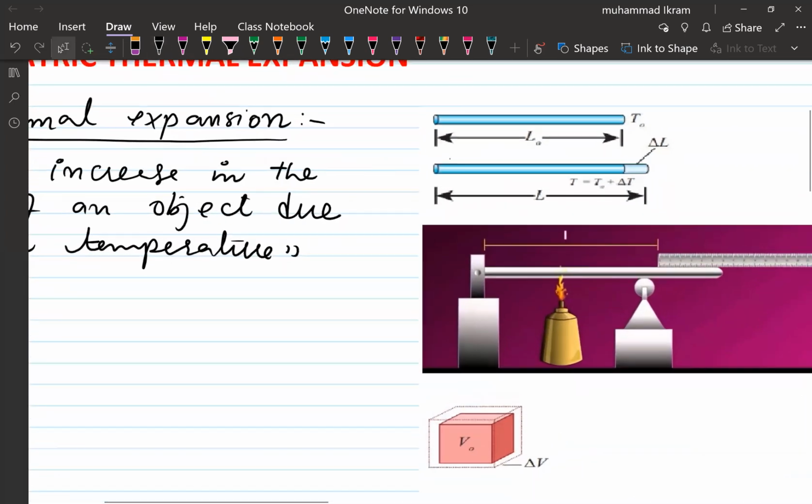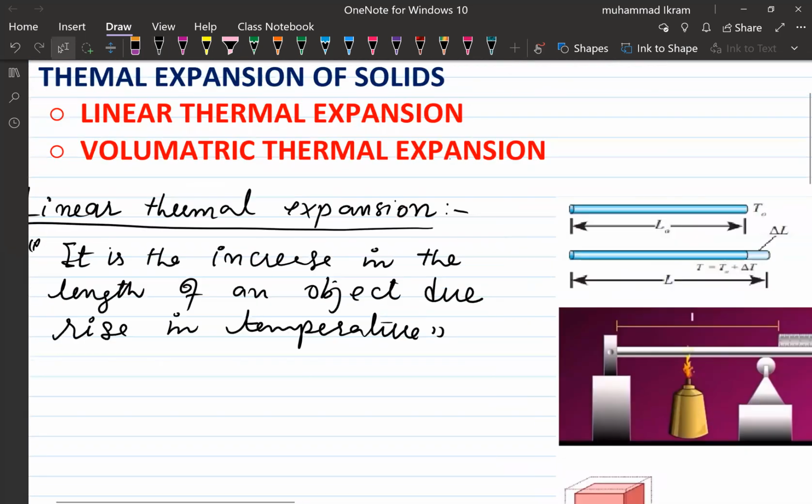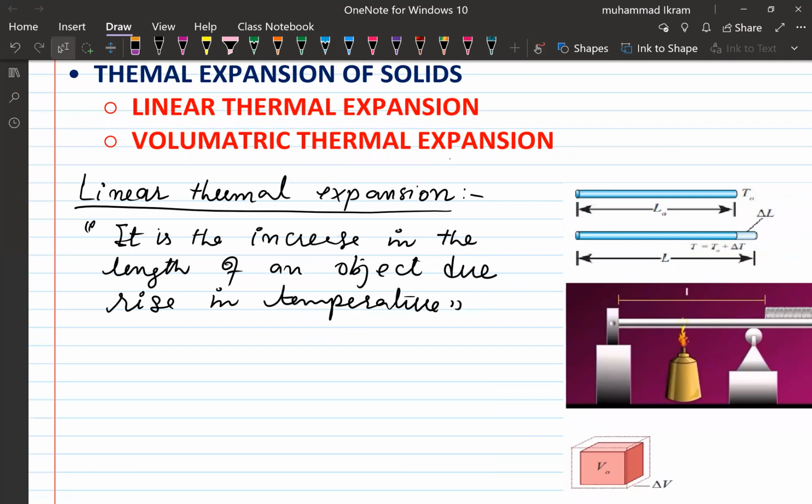For this purpose, we will consider a metallic rod whose original length is L. As you see, this is the area of cross section of the metal rod. It has original length L naught at initial temperature T naught.